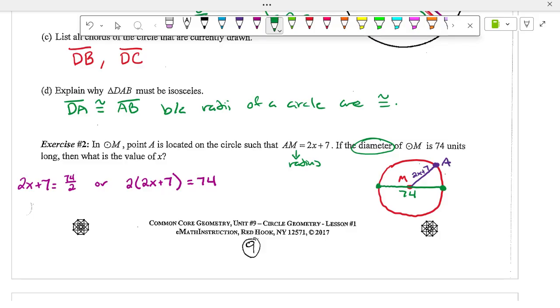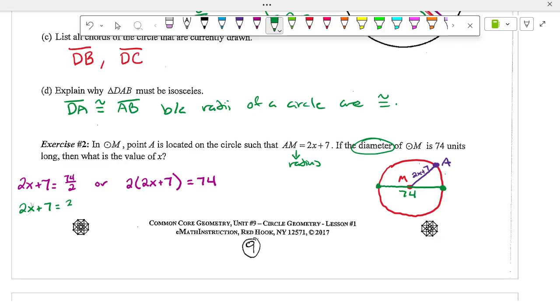So I'm going to solve the left one first. So if I do 74 divided by 2, what is it? It's an even number, so it should be nice. You guys got a calculator in front of you?